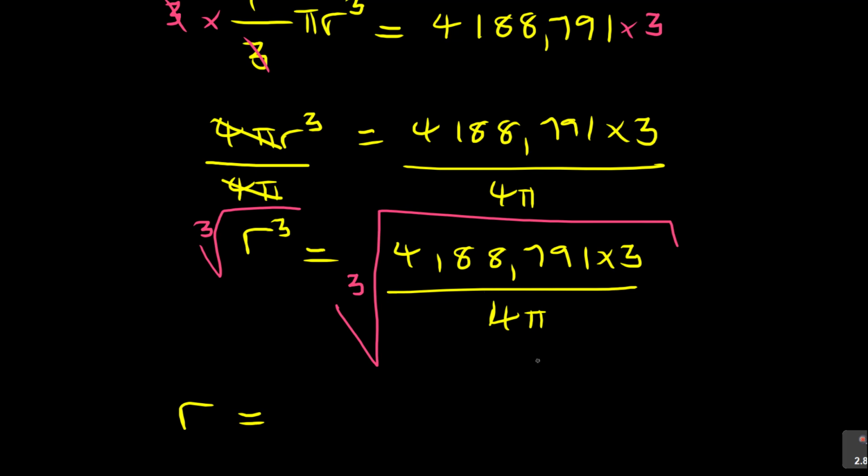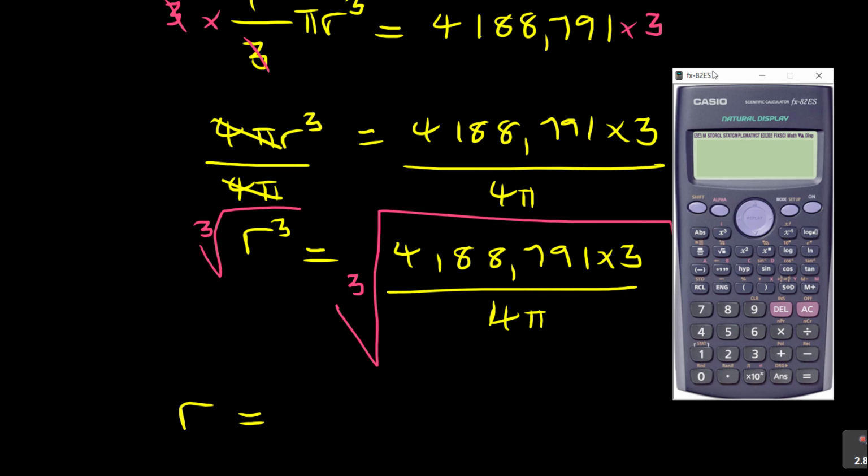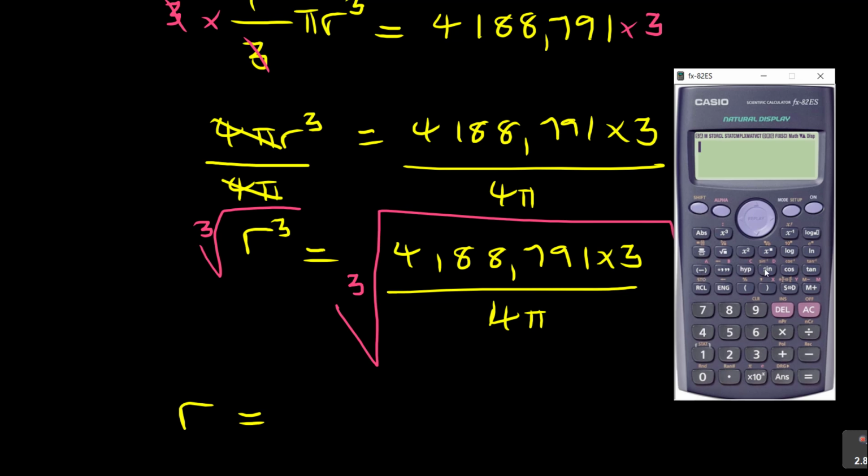Now I can use a calculator: shift, cube root of fraction 4188.791 times 3 divided by 4 shift pi, equal to, which is 10.0000063.